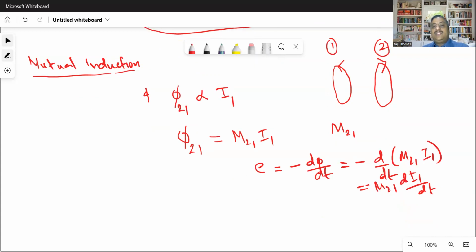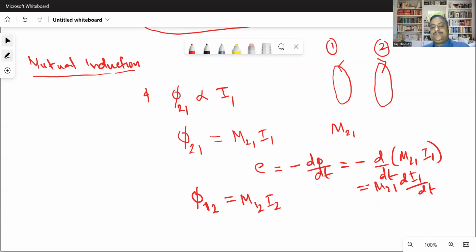Similarly, you can define with respect to the second coil φ1. What is φ1? It is the magnetic flux linked with the first coil when current flows through the second coil. So we can write M12 into I2.